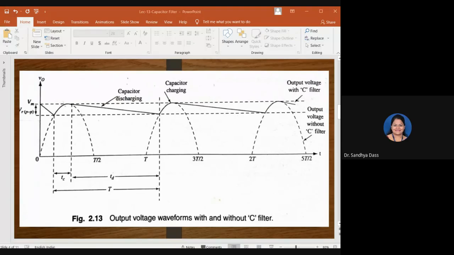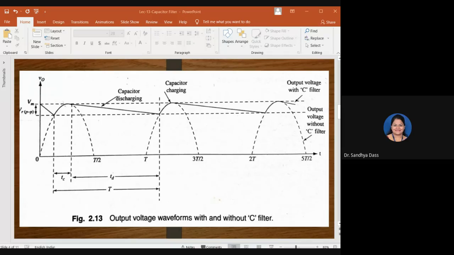Ma'am, isn't the filtering very poor here? I didn't get your question, Ashwita. Like, if we look into the limitations, the filtering will be poor, right? Filtering will be poor? I didn't get your point.